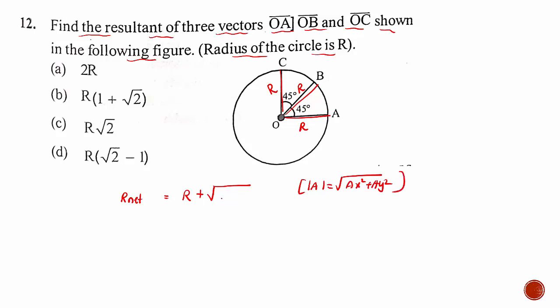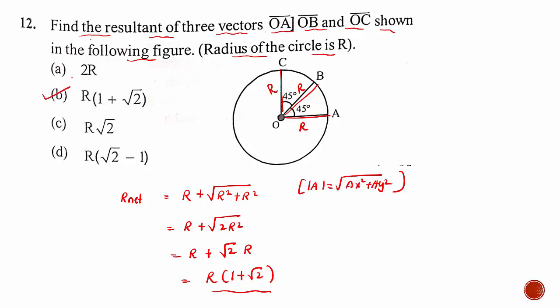Likewise, here also I am going to write R square plus R square. So R keep as it is plus remaining is what? 2R square, or we can write R plus square root of 2 into R, or we can take R as common, remaining is 1 plus root 2. This is the resultant of three vectors, right? R into 1 plus root 2 means option B is correct.